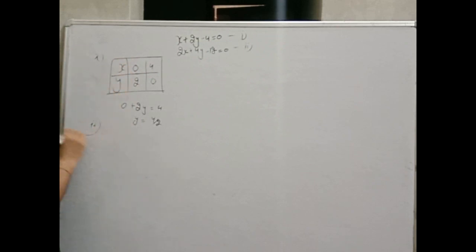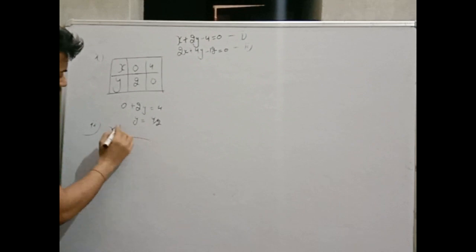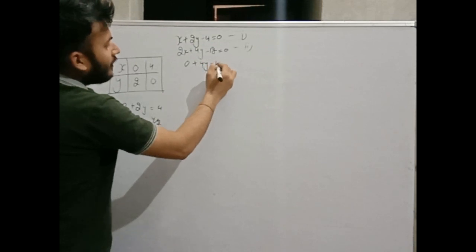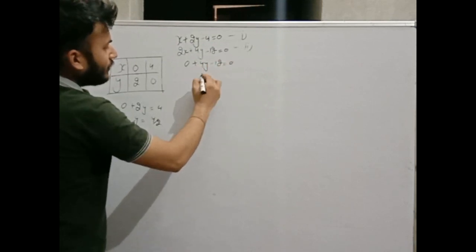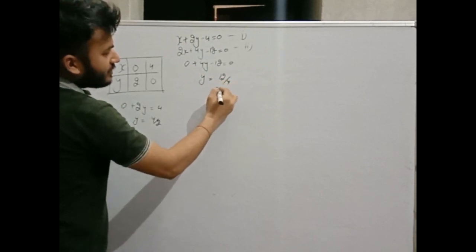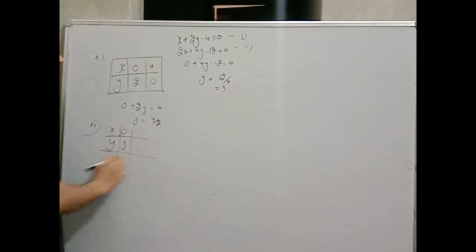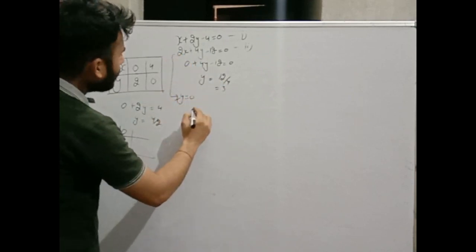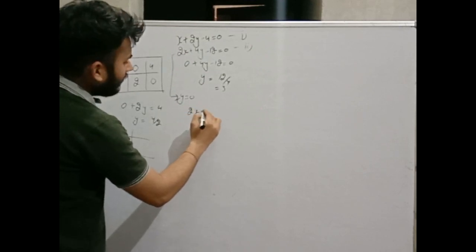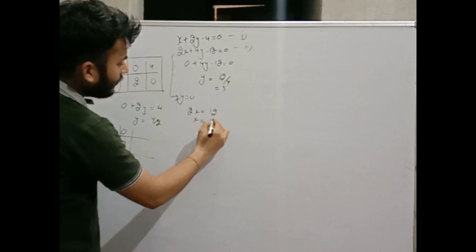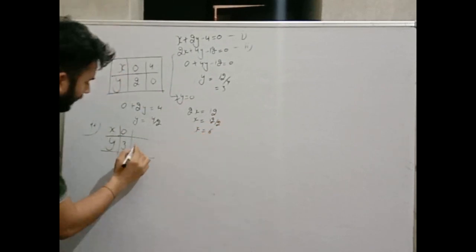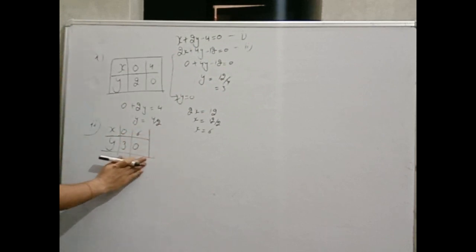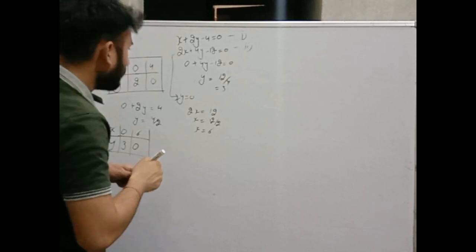For the second equation, if we put the value of x as 0, then y will be equal to 3. And if we put the value of y as 0, then x will be equal to 6. Now plot these equations on your graph paper.